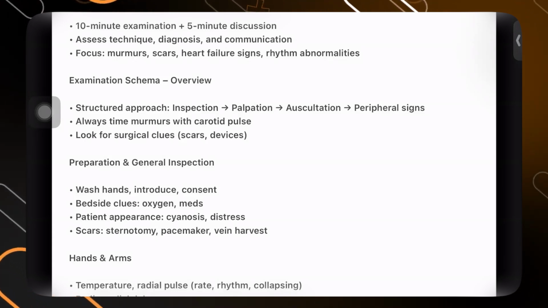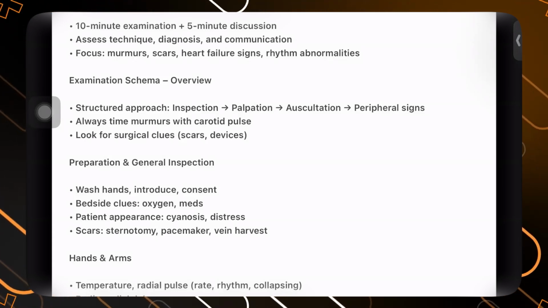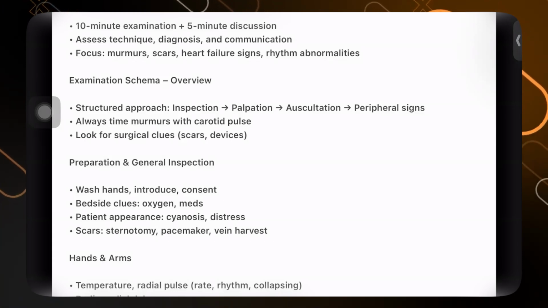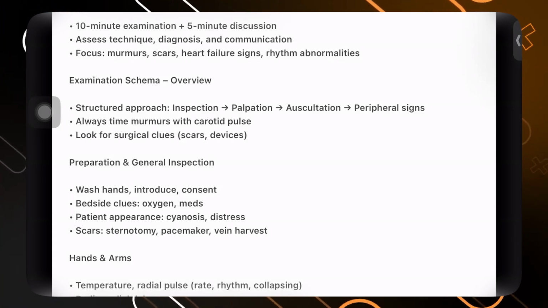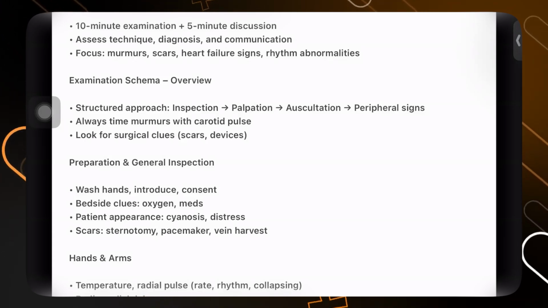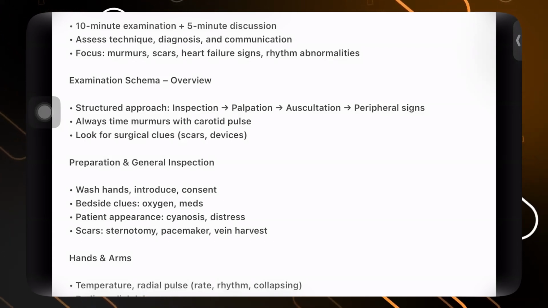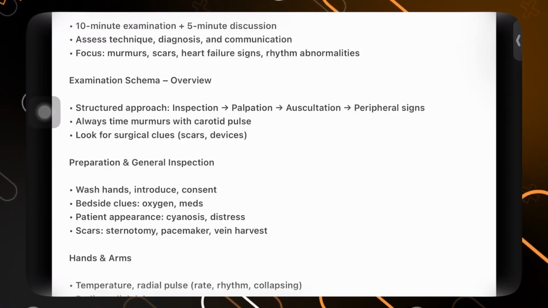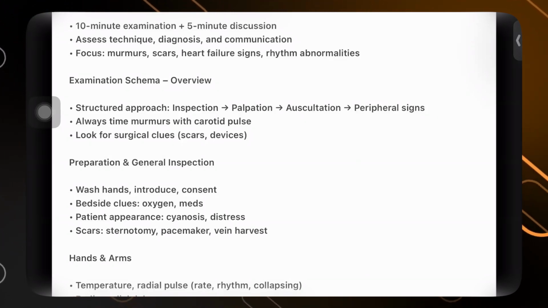It has to be very, very structured. As long as it is structured, you will never miss any vitally important step. The examiner will be impressed. That is the sole reason you are going there for an exam, because you want to impress the examiner that you are fit to be qualified for MRCP.